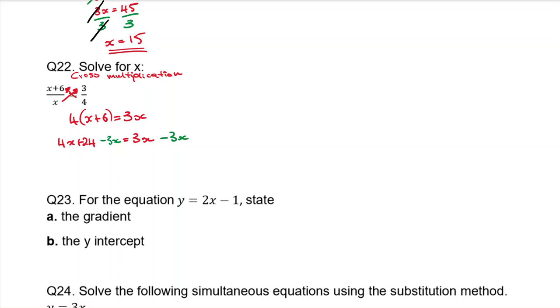So that's gonna go away with that. And then 4x minus 3x is just x. So we have x plus 24 equals nothing, 0. Now I need to subtract 24 on both sides to get rid of the 24 here. And so what I'm left with is x equals negative 24.